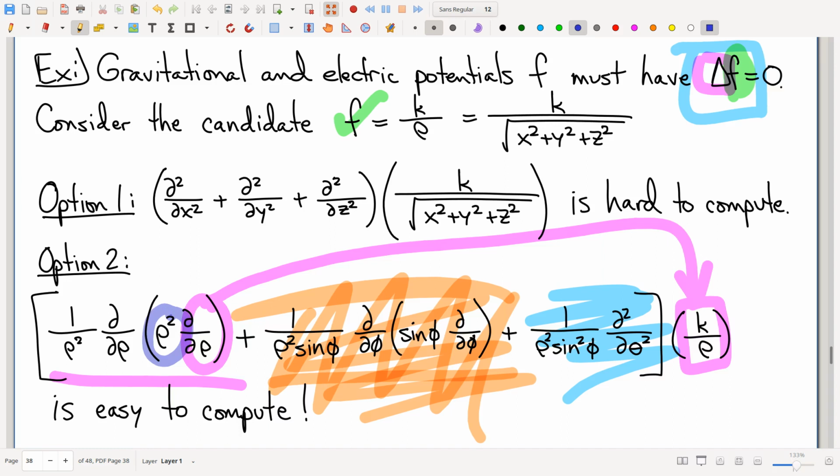And what happens when you multiply rho squared times a constant divided by rho squared? What you get is that this right here is a constant. And if that's a constant, then the partial of that constant is again 0. That third term disappears. We're done. The answer is 0. We didn't even have to do any algebra to speak of.